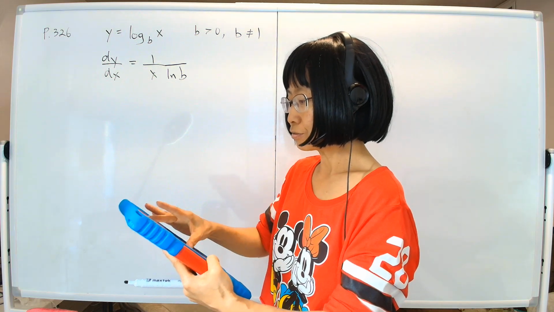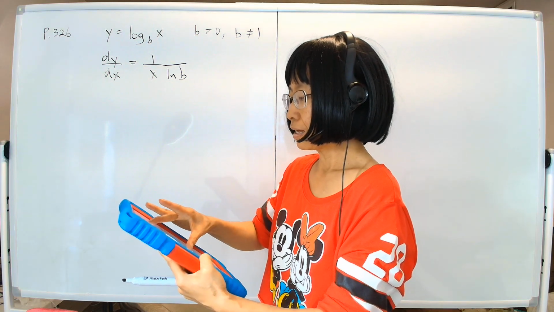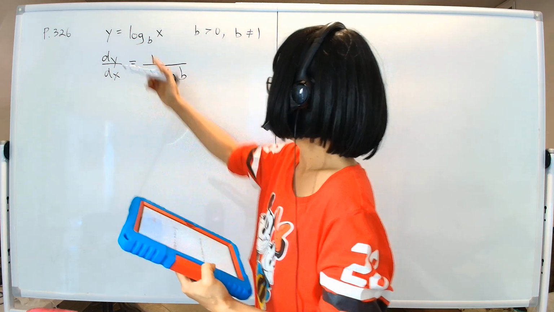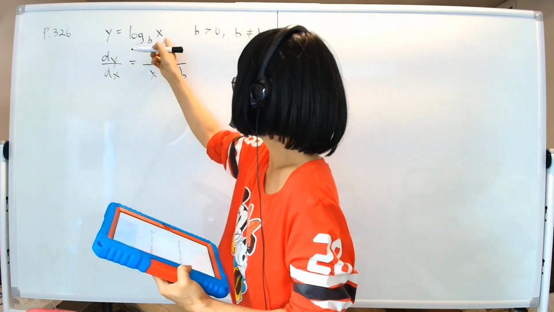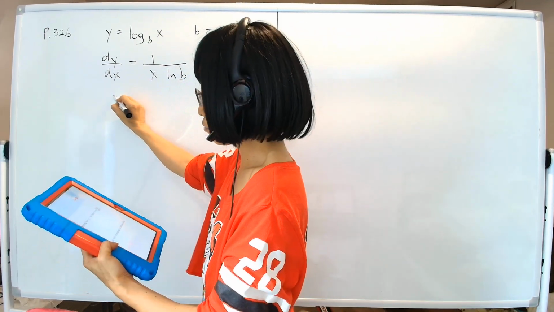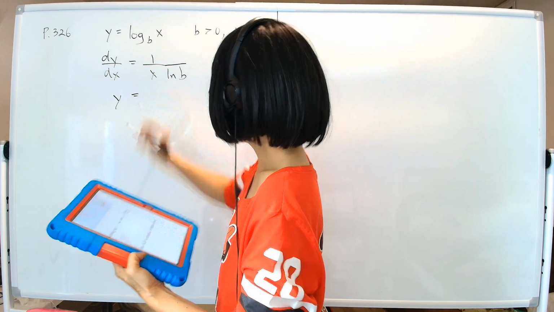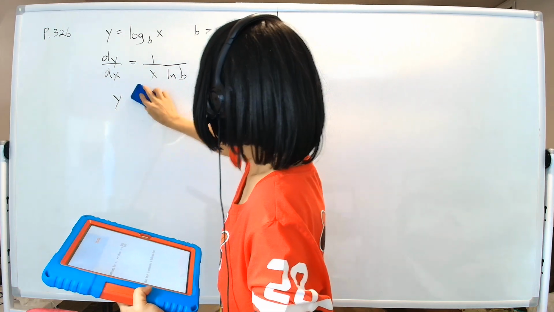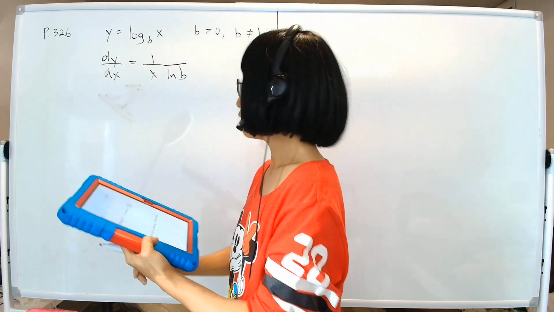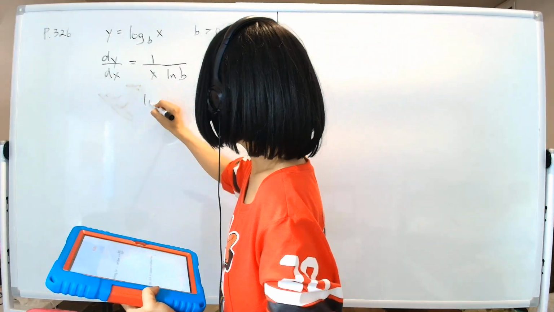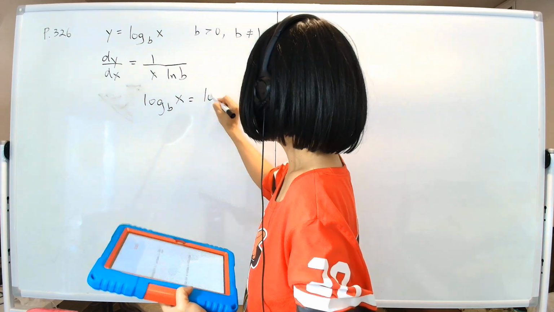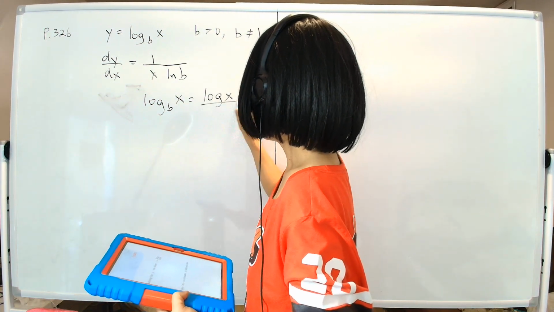So first, how do you prove this one? The way you prove it is that if y equals log base b of x, there's a formula in logarithms that says log base b of x is the same as log x over log b.